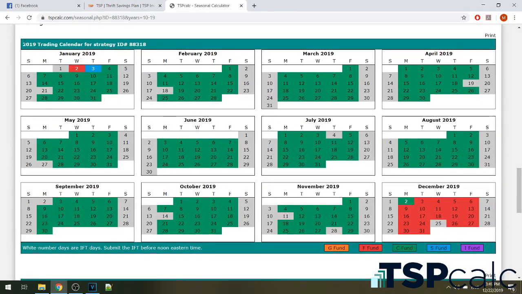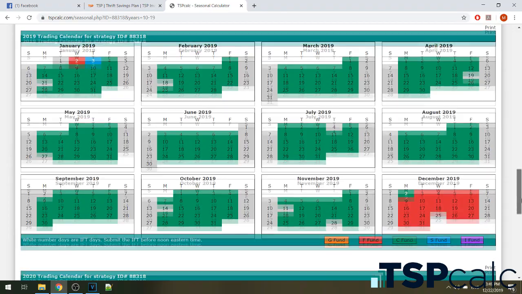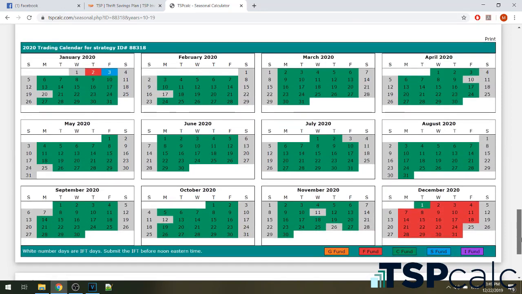You see, right now it's showing me 2019 because we're still in 2019, but if you scroll down, it's also showing 2020's calendar. Okay, so next year, January 1st will be a holiday, and therefore the first trading day is January 2nd, 2020, and that first trade you're going to be doing is from the F fund.